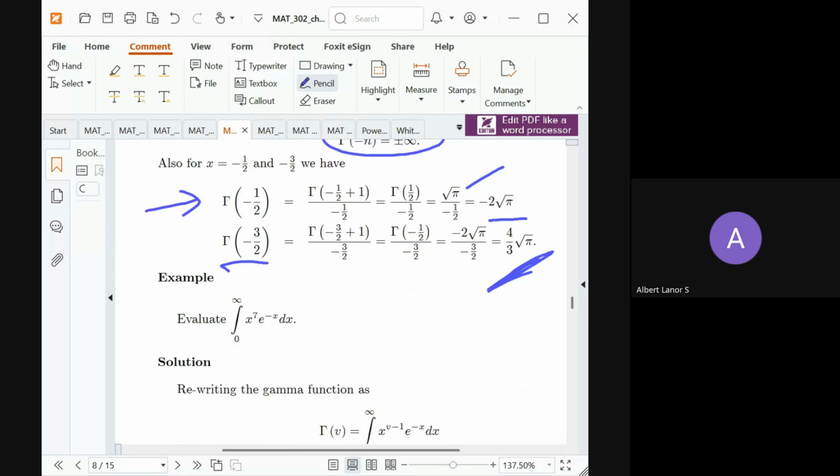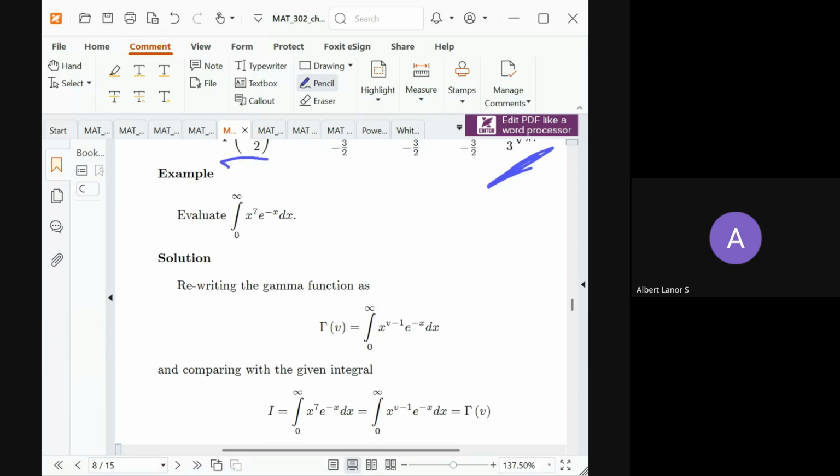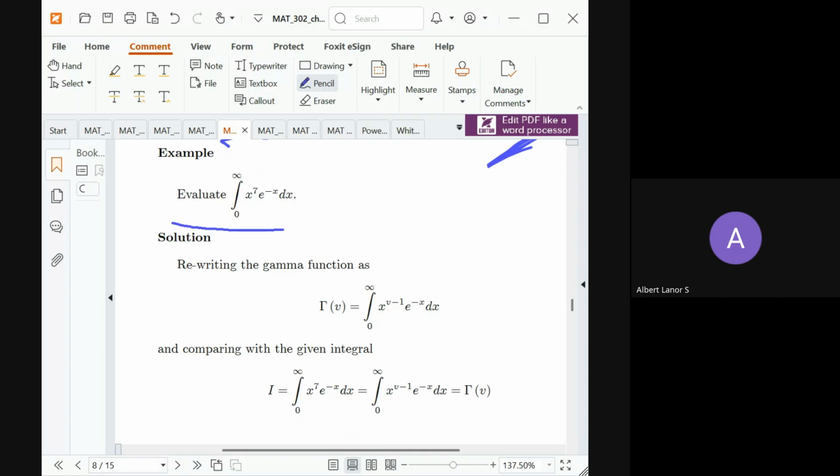Okay. Now, let us come to the generalization of all. For example, this function is a gamma function because it has the x exponent part and it also has the e minus x dx. The gamma of any number v is given by the integral of x to the power v minus 1 e minus x dx.